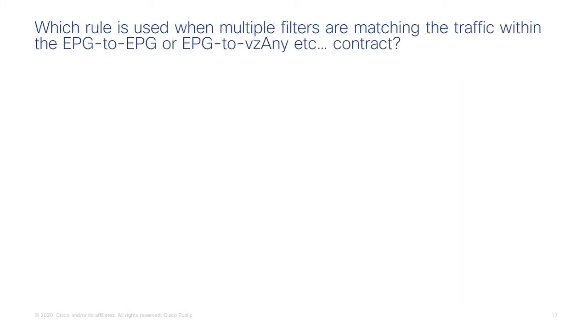So now, which rule is used if there are multiple filters within the same EPG to EPG contract or EPG to vzAny contract, and multiple filters are matching the same traffic?